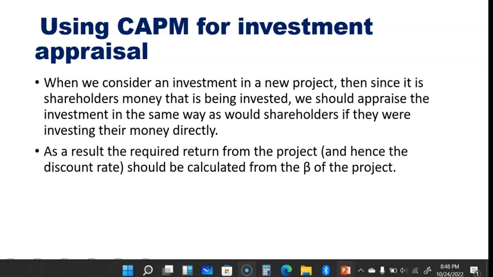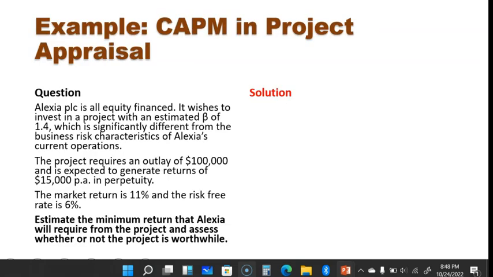Let us have a look at this problem. Alexia PLC is all equity financed. It wishes to invest in a project with an estimated beta of 1.4, which is significantly different from the business risk characteristics of Alexia's current operations.